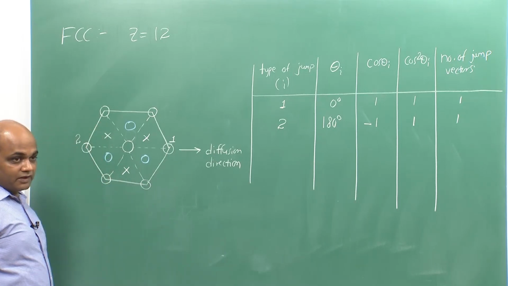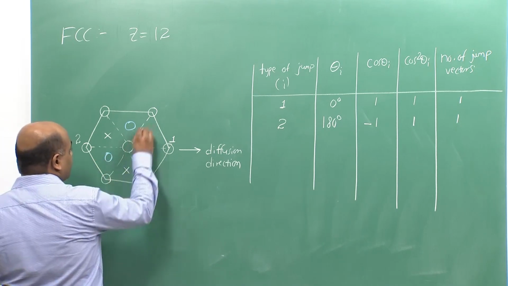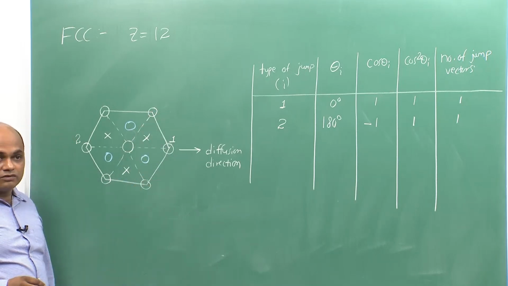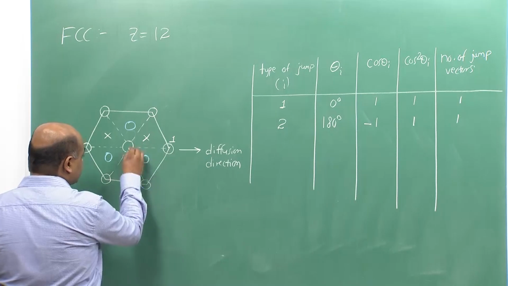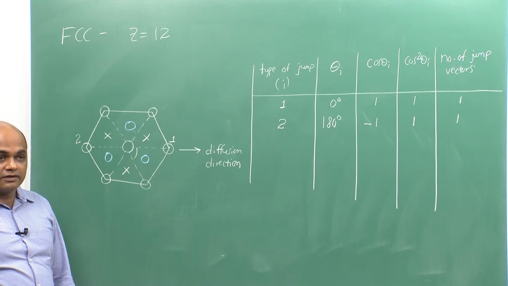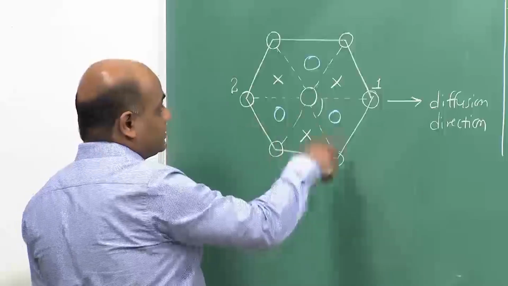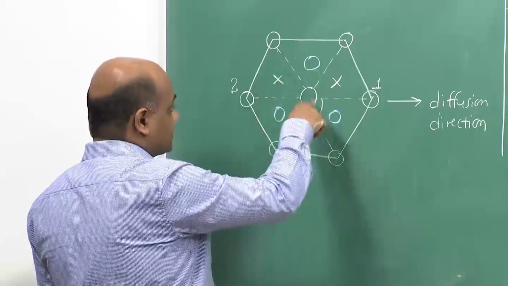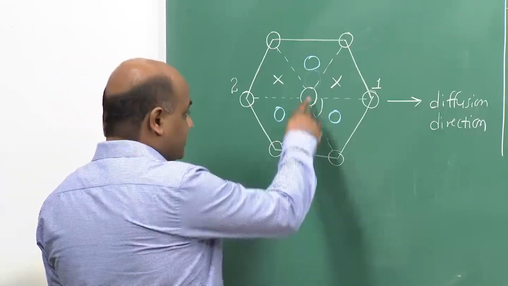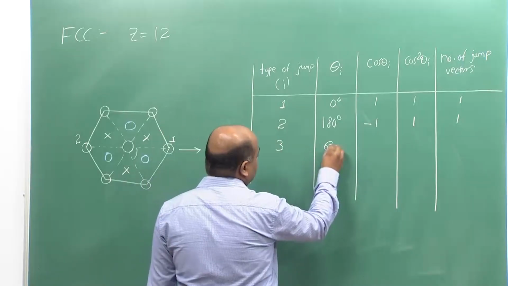Now, what is the next type? So, if you consider in-plane atoms, these two, what is the angle that they make with this diffusion direction, this angle? This is a hexagon, this is 360, and 1, 2, 3, 4, 5, 6, 360 by 6, this is 60 degree, right. So, type 3 is 60 degree.